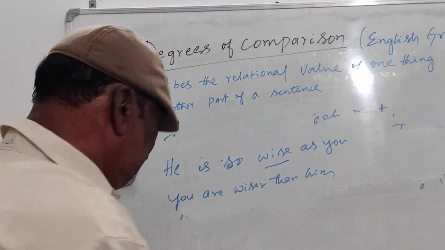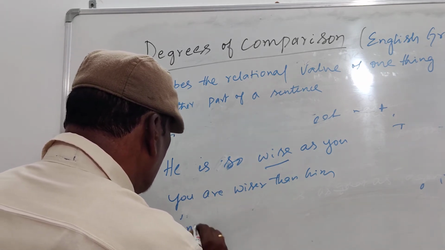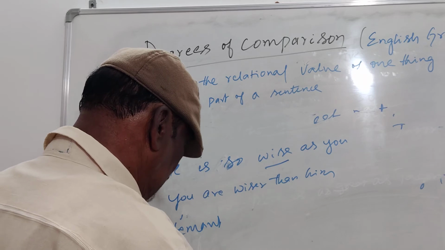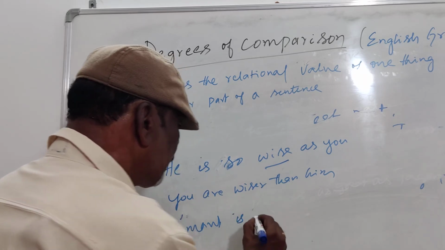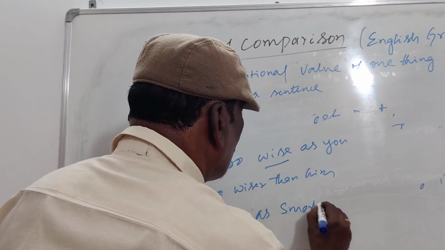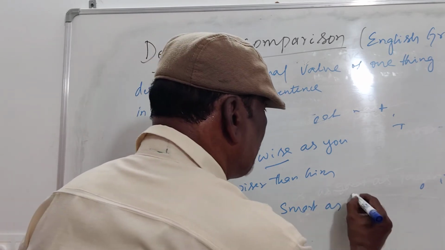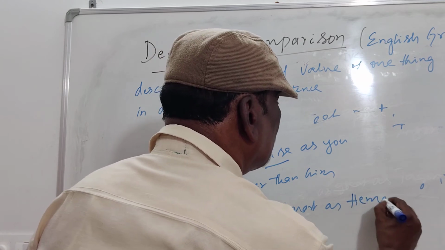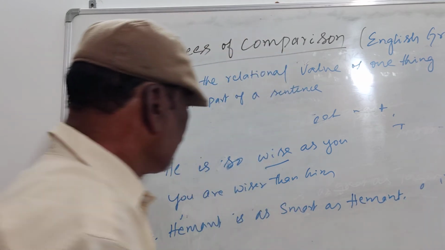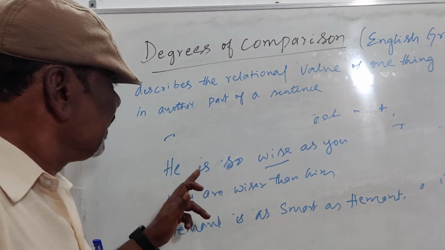Let's have another example. Example number 2. Hemant is as smart as Hemant. See, please see the difference here.